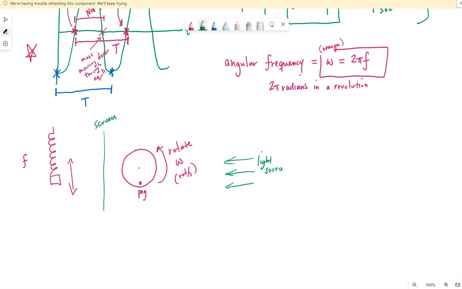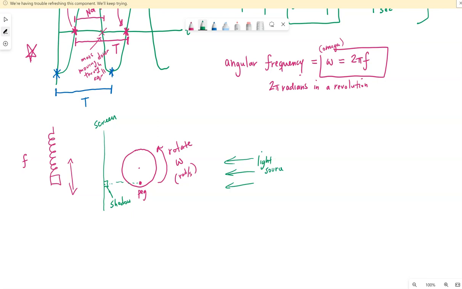At this specific moment in time, when the peg is at the very bottom, we would see a shadow on the screen at this lowest point. So essentially, the shadow of the peg right here. And of course, it doesn't stick out from the screen. I'm just drawing it in a way that I can.